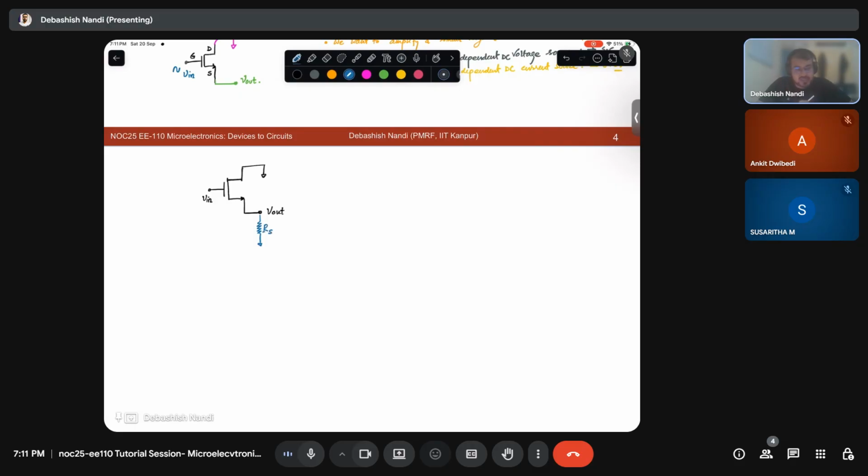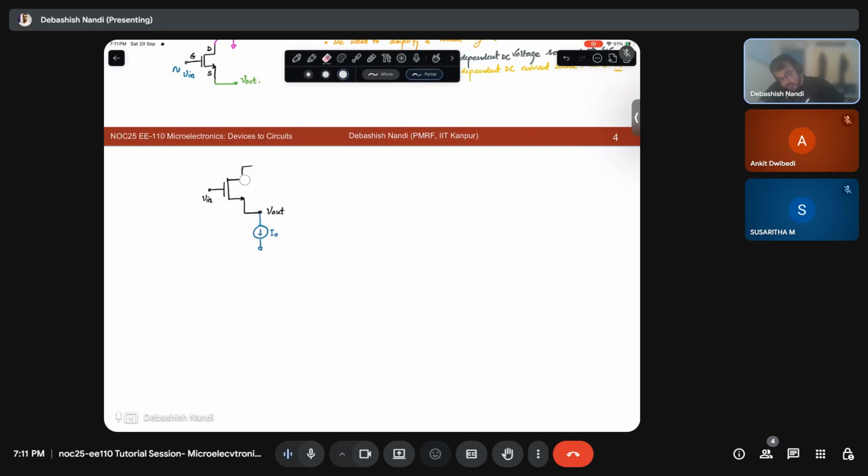Let's call it source resistance. Without this resistance, can my V out sustain? Or if not a resistance, I need to connect some sort of current source to bias this. But then again, it is not a small signal picture. So what is your current source?